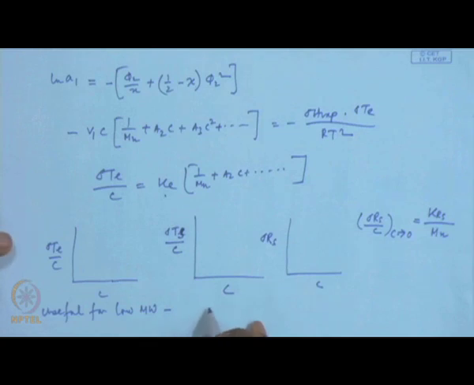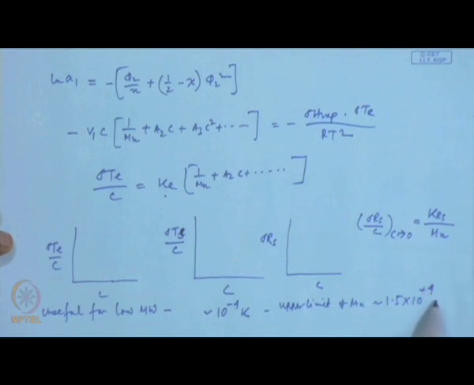Typically, we can go to a temperature difference between the two thermistors as low as 10 to the power minus 4 Kelvin, which translates to an upper limit of the molecular weight Mn of approximately the order of 10 to the power 4 gram per mole.